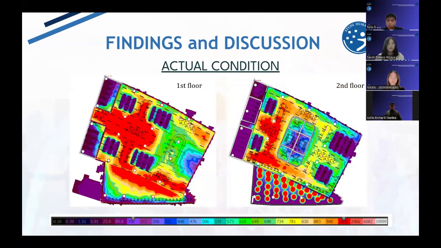And here is the lighting distribution for the first floor and the second floor. As you can see, the color indicates the number of lux, and based on this color, we can conclude that the library fulfilled the standard of 350 lux.